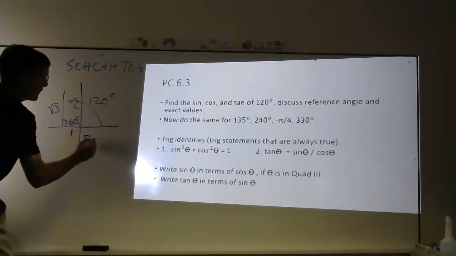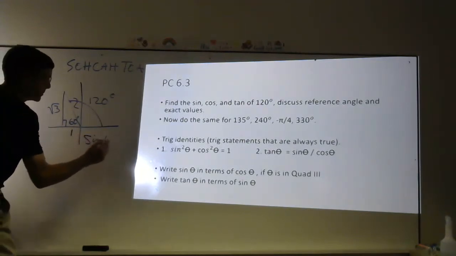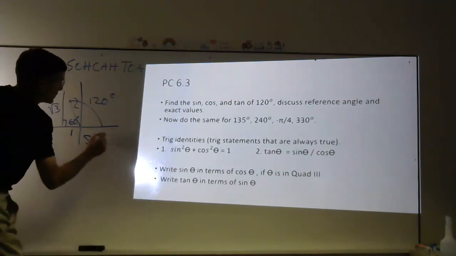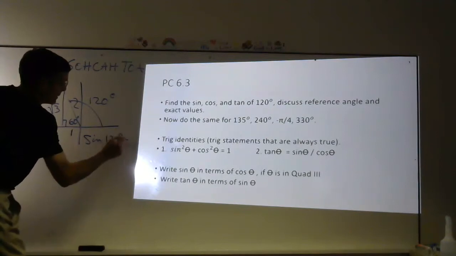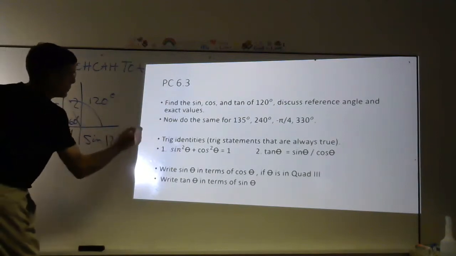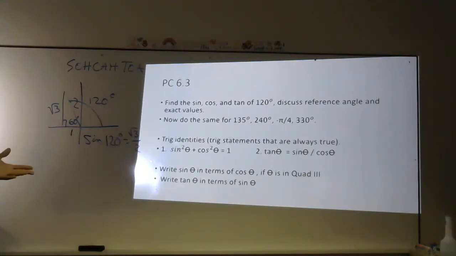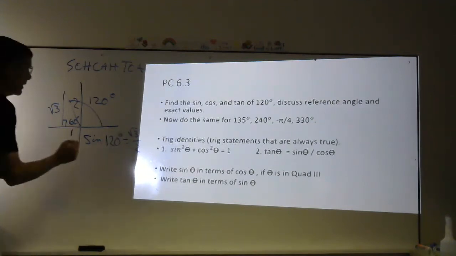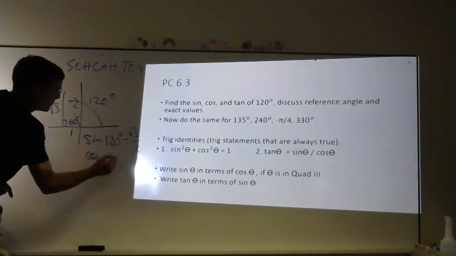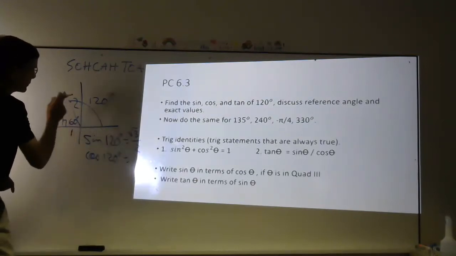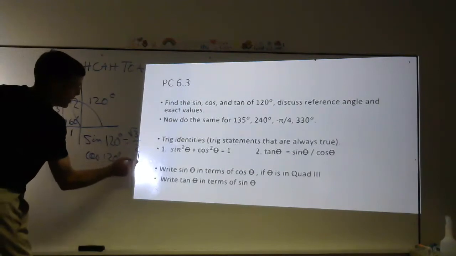That's the exact value. So the sine of 120 is root 3 over 2. Do it on your calculator, you'll get 0.866. If I don't ask you for exact values, you can give me 0.866. That's fine. Cosine of 120 is the adjacent side over the hypotenuse, is 1 over 2.